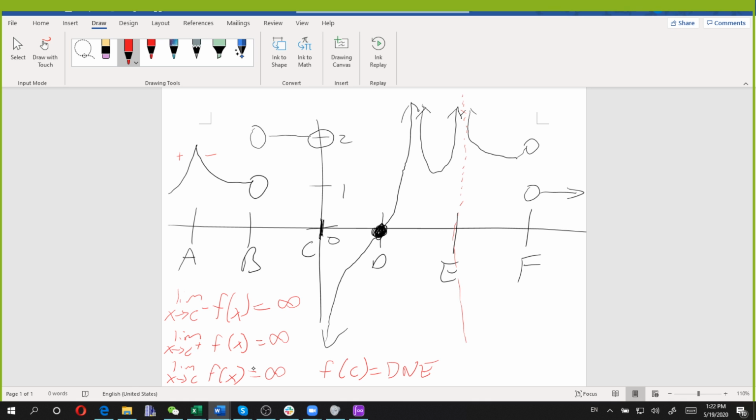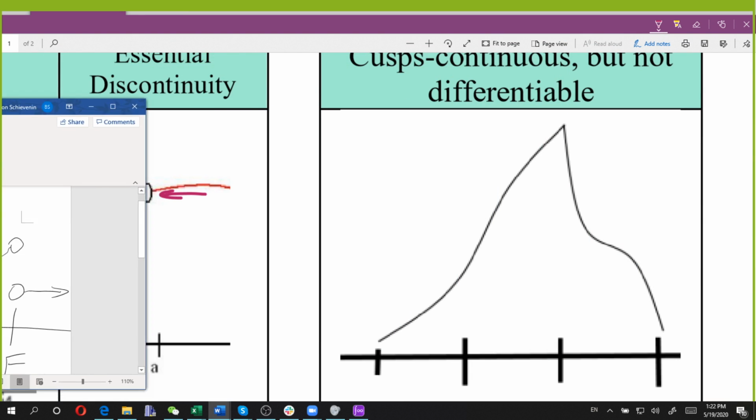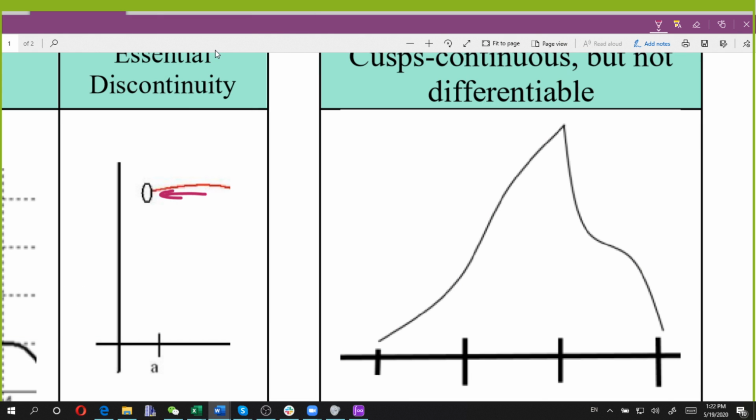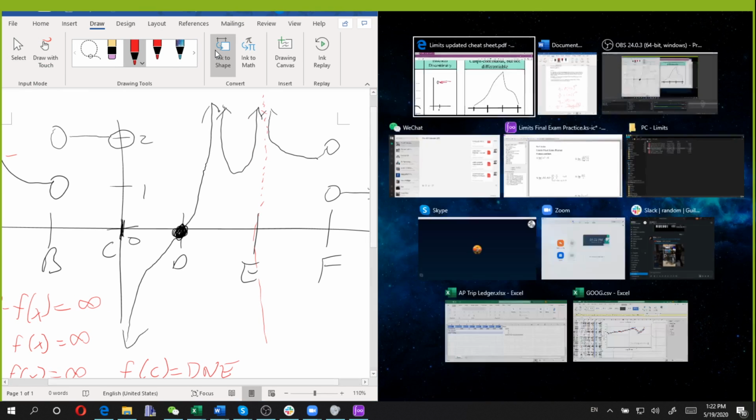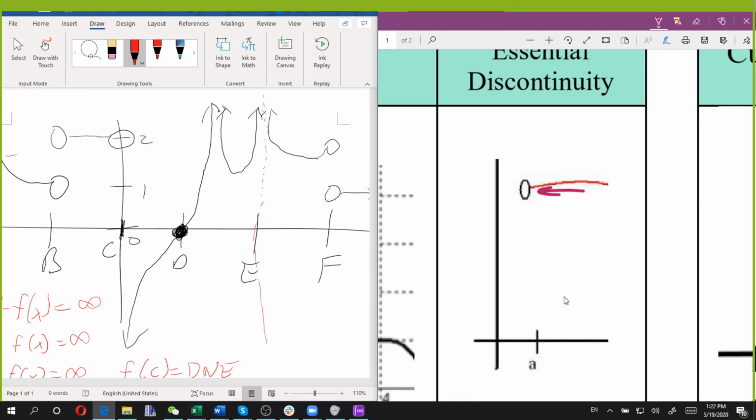Why are we not differentiable? Two reasons, actually.